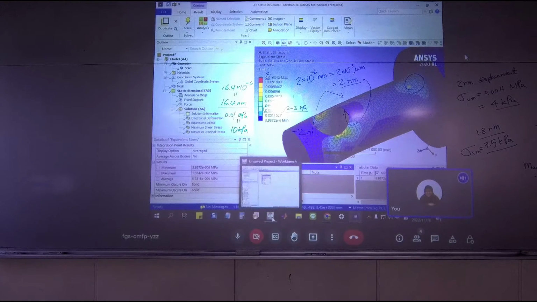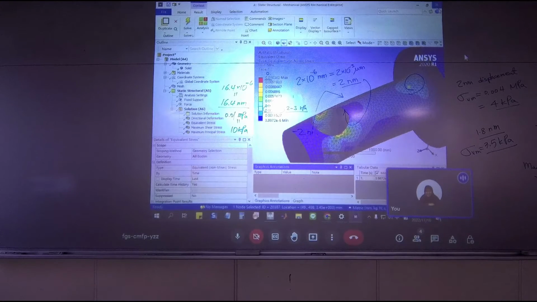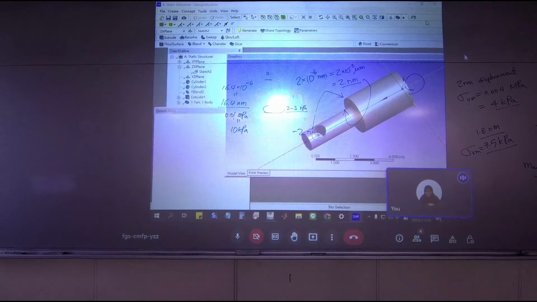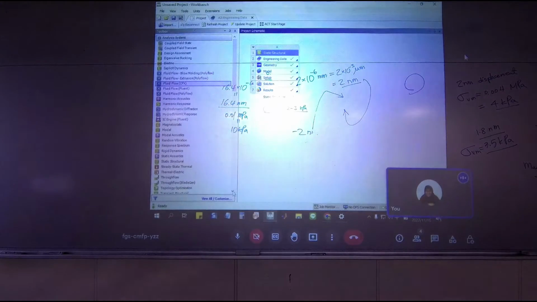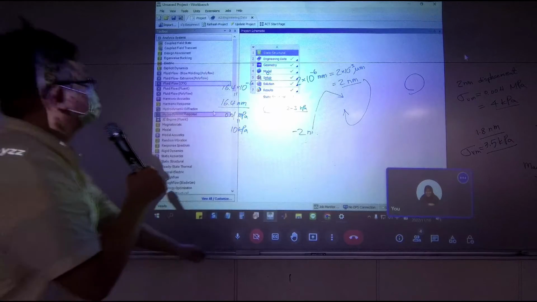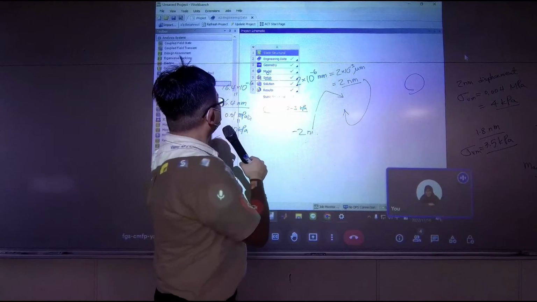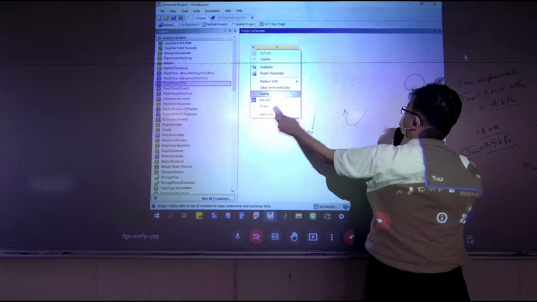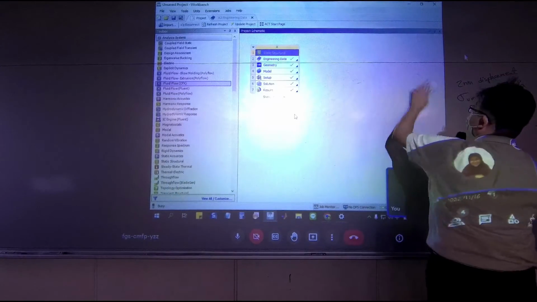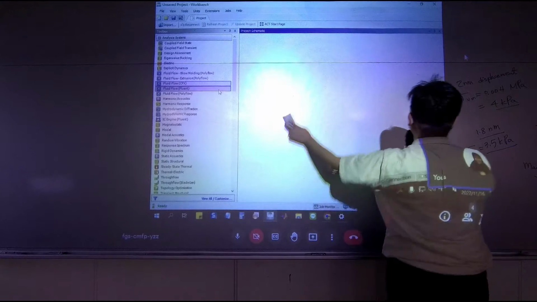Okay, so let me show you a fluid problem. Yeah, ANSYS, thank you. You can close the structural module. You can delete module A. I will tell you what to do.